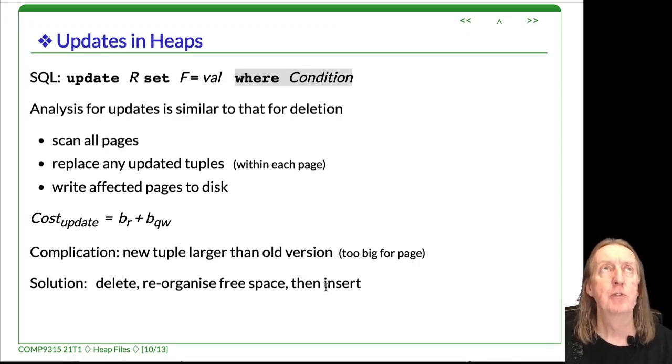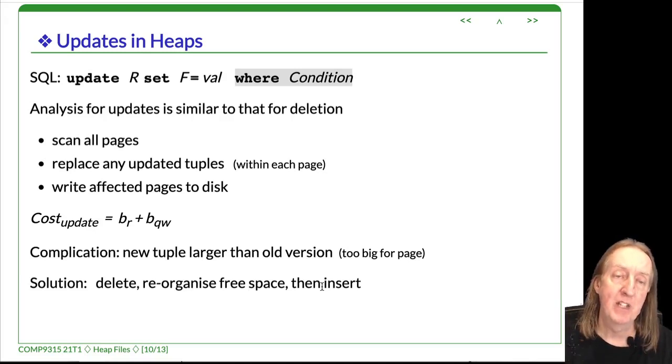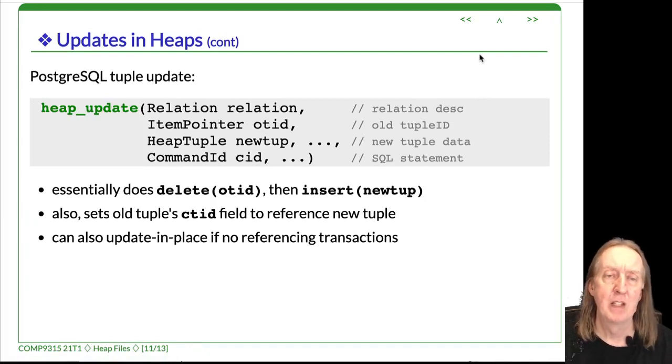If it's still too big, then potentially we need to add another page, or look for another page that does have enough free space. So it doesn't matter whether the updated tuple lives in the same page as the original tuple or somewhere else. Wherever we can fit the new version, we place it.